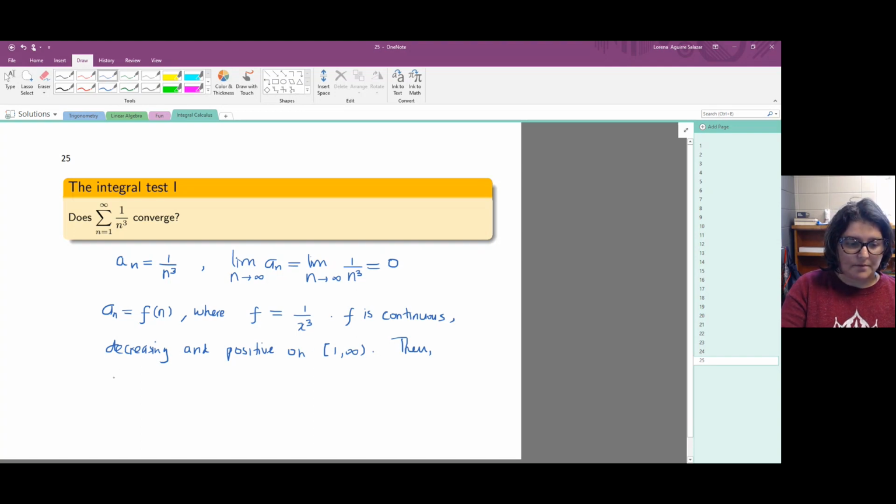So we have that this series that we were given, 1 over n cubed, converges if and only if an improper integral, the integral from 1 to infinity of the function, converges.